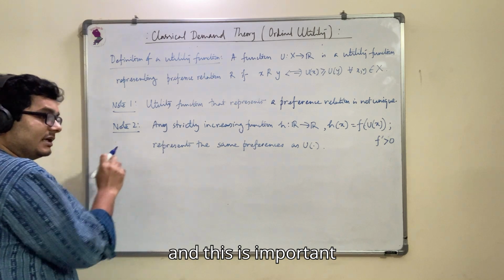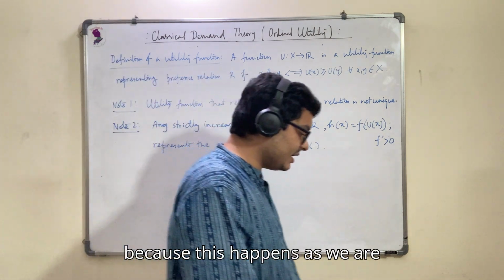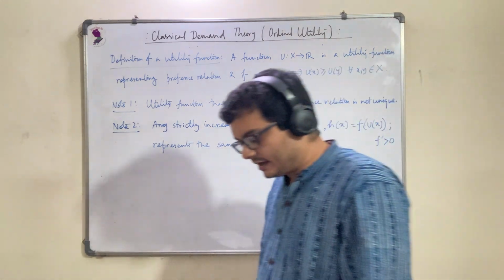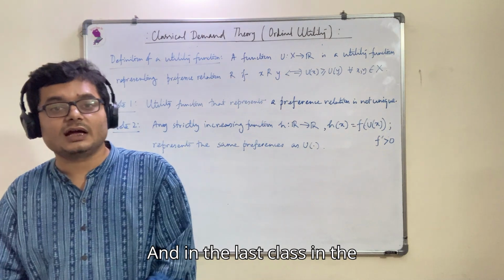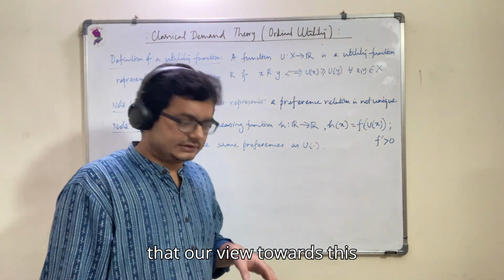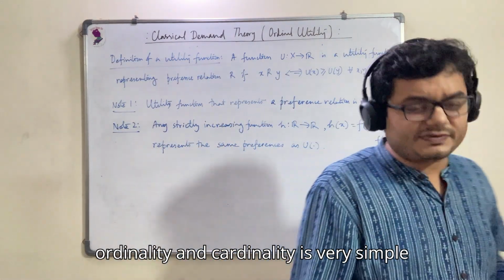And this is important because we are interested in ordinal utility. In the last class, at the end of it, I discussed that our view towards ordinality and cardinality is very simple.